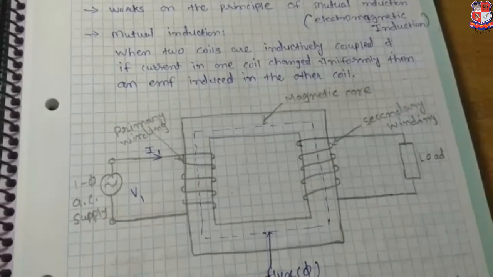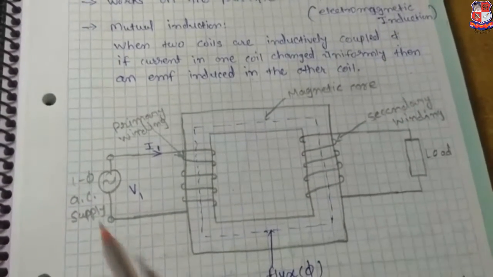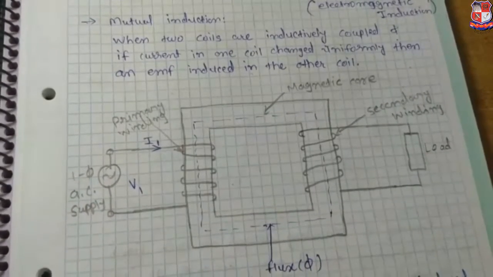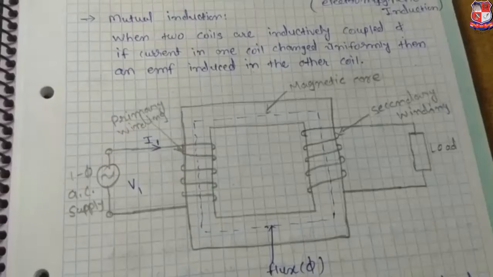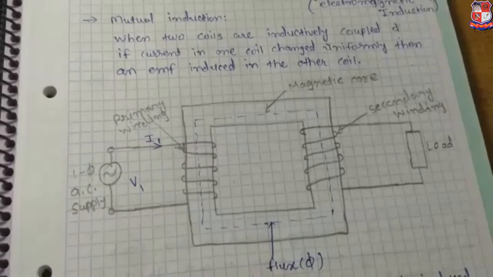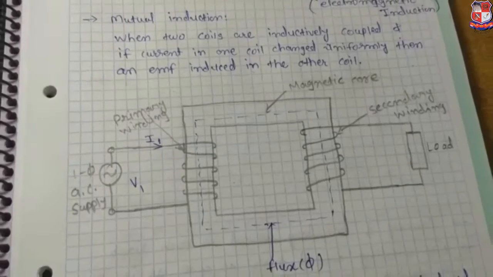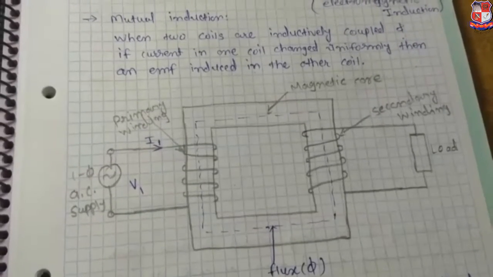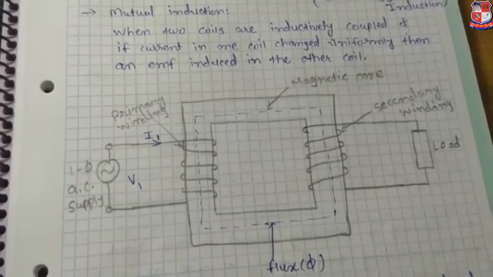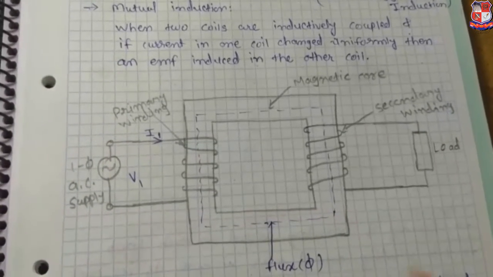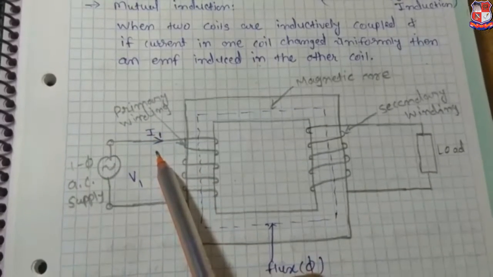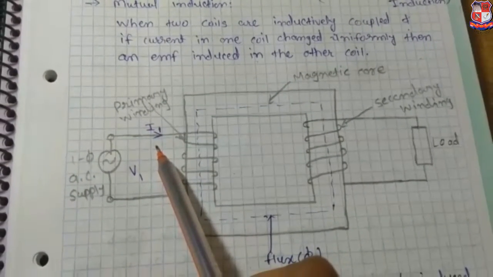That means here what we have taken this single phase AC supply, and the value of this AC current will uniformly change with respect to time. It will be continuously positive and negative, positive and negative.